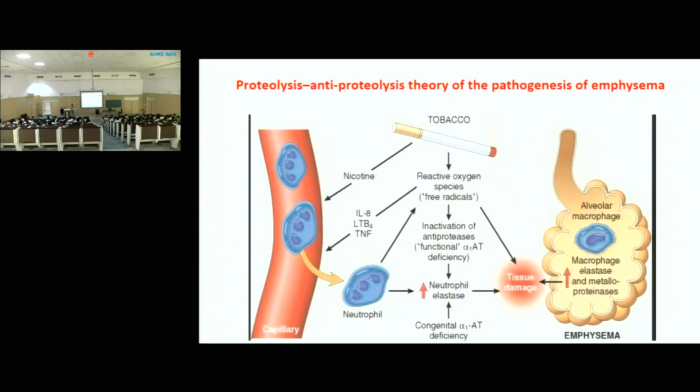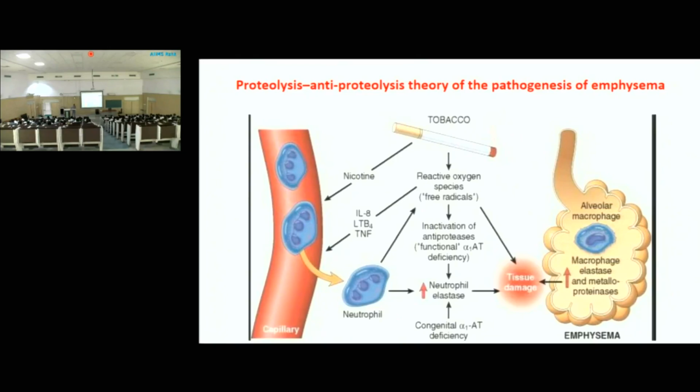Ultimately there will be destruction of the tissues, that is the elastic tissue in the airways. There is elastic tissue in the submucosal layer, and there are smooth muscles and elastic fibers that will be destroyed. That destruction leads to alveolar damage and leads to emphysema.